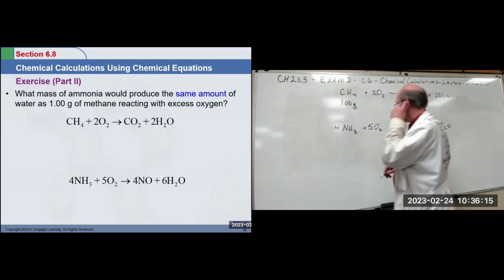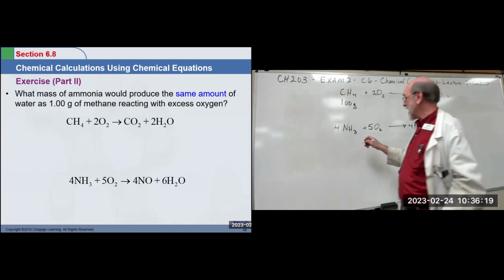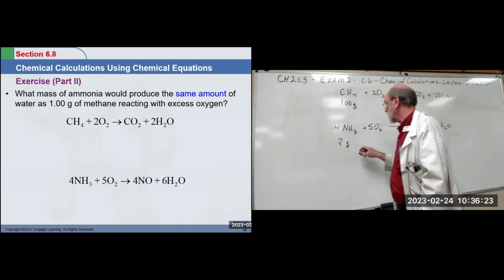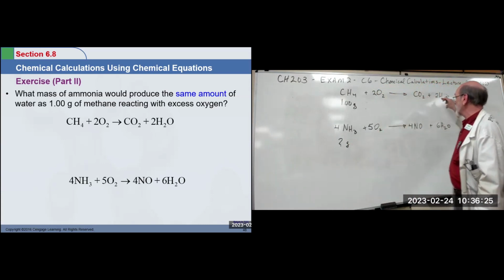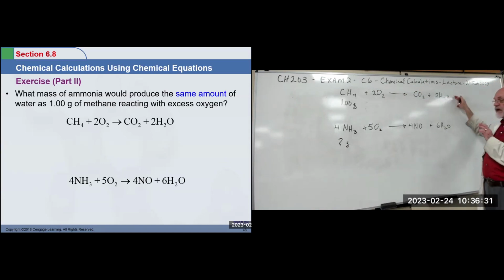All right. What the end result is, what's mass of ammonia? How many grams of ammonia will give us exactly the same amount of water as 1 gram of methane. So the number of moles of this one has to equal the number of moles of that one. Exactly the same amount. Okay.